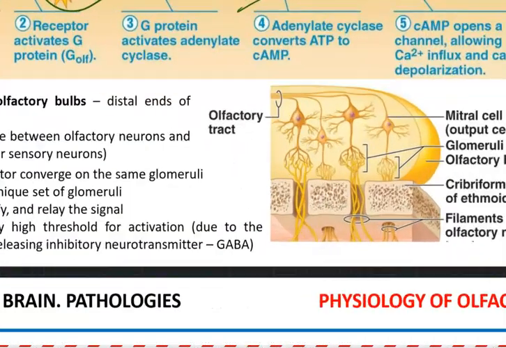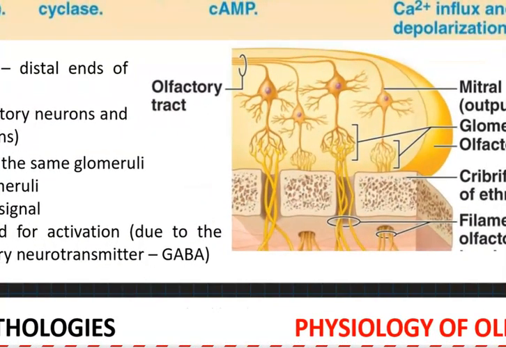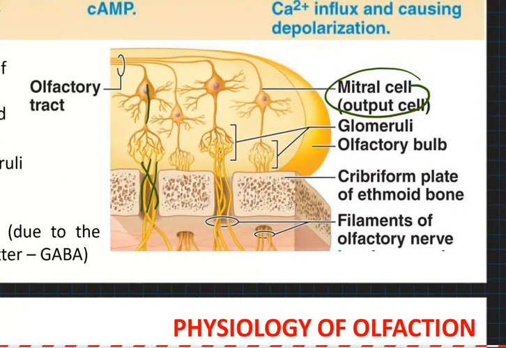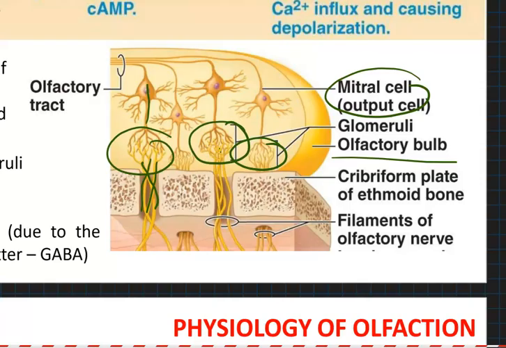Now it turns out olfactory neurons, the light yellow, these guys, they synapse with the next neuron called mitral cell in so-called glomeruli located within the olfactory bulb. So here's the question for you.